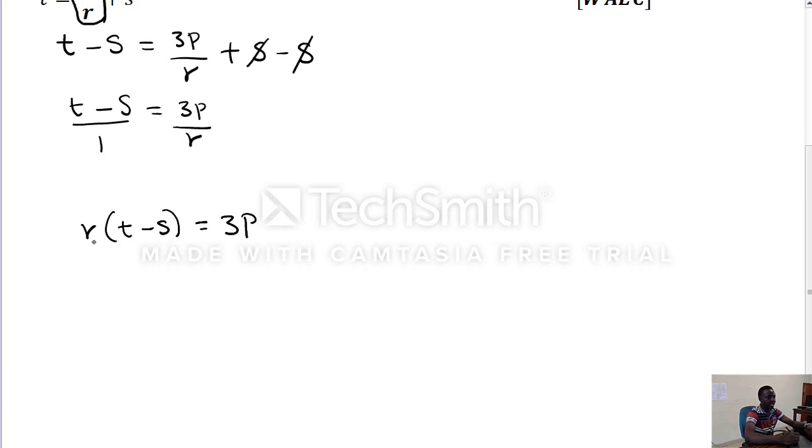Next, I have made r to be at the numerator. What next to do is to divide both sides by the unwanted variable on the left, which is t minus s in brackets. So I'm going to divide both sides by t minus s.